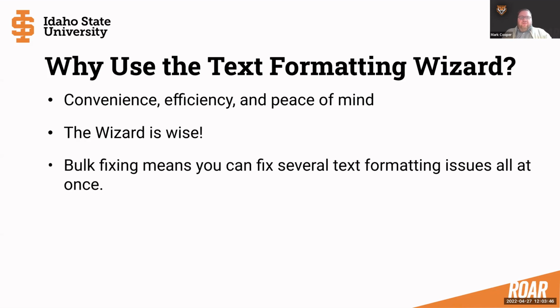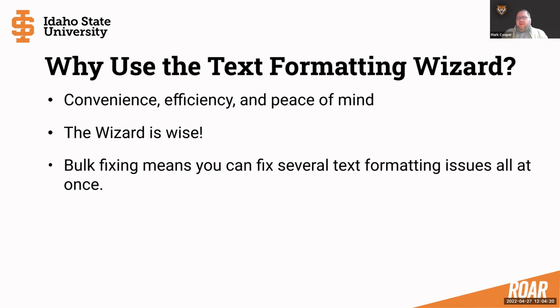And there is a bulk fixing feature. We're going to go into this a little bit later in this webinar, but the bulk fixing feature within the Accessibility Toolkit makes it easy to fix text formatting issues. So you can fix several text formatting issues at the same time. By default, the screen will show the first 10 items on the page, and you can fix them all at once.